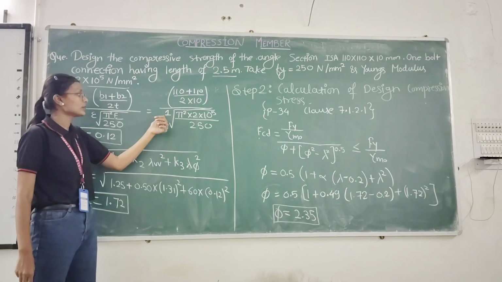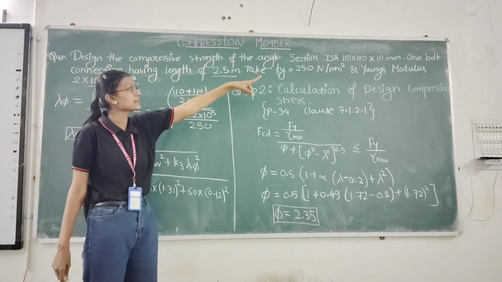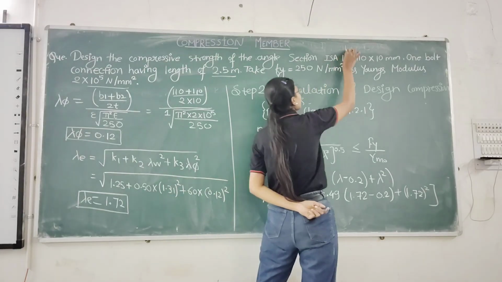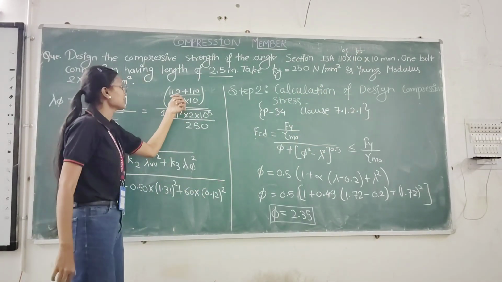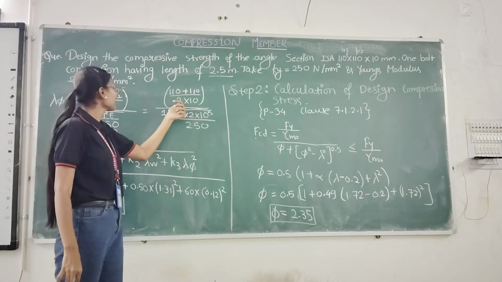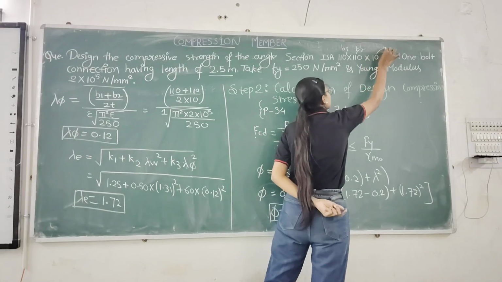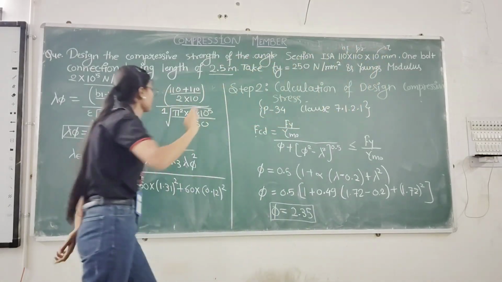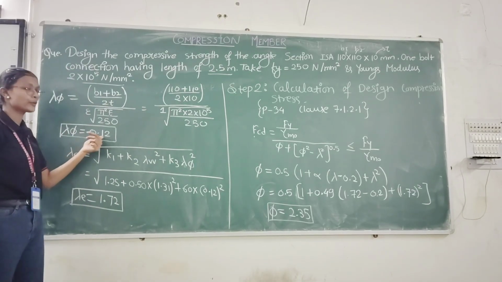The value of epsilon is 1. b1 and b2 are given here. This is b1 and this is b2. That's why 110 plus 110 divided by 2 into t, where t is the thickness. After putting overall values, you will get the value of lambda_phi as 0.12.